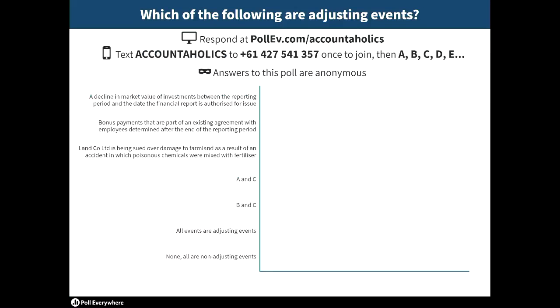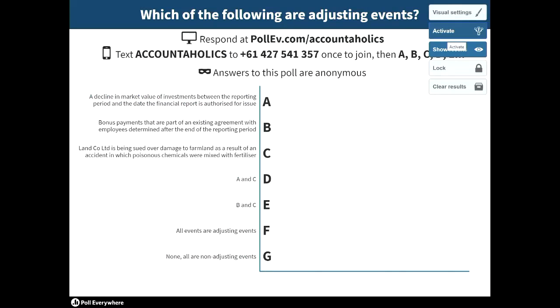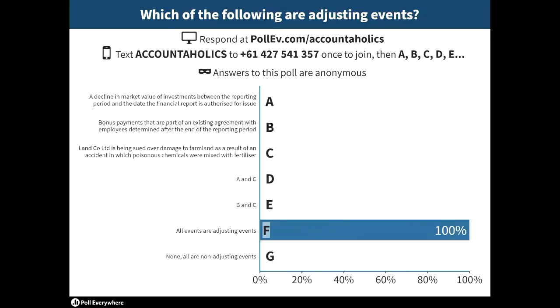Okay, let's have a quick check and see if you can get them right. Which of the following are adjusting events? A decline in market value of investments between the reporting period and the date the financial report is authorized to issue.